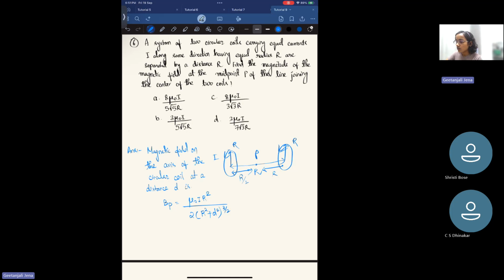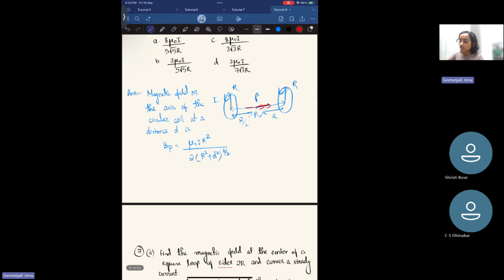So if you see the two coils, they are in same direction. So that means the field that they will produce here, they will add up. So if you see the field direction, so I think this will be this direction. So they will add up, and because they are in same distance and they have same radius, so that means the field value would be equal.